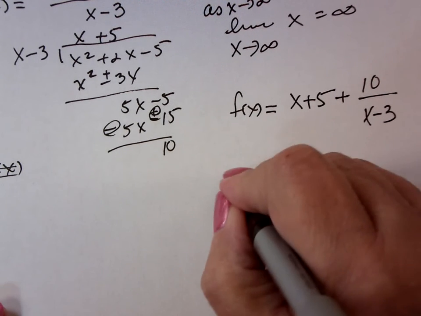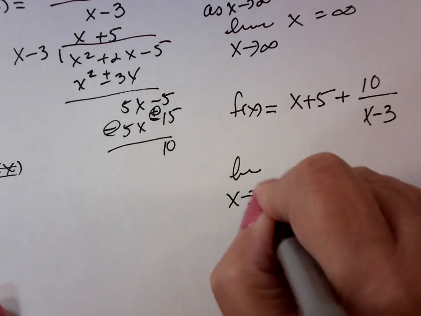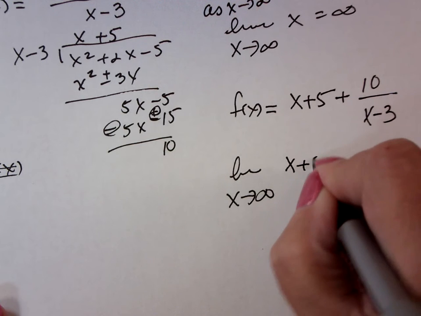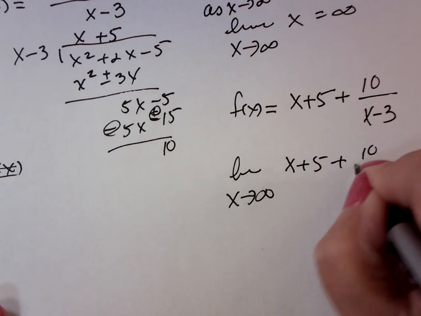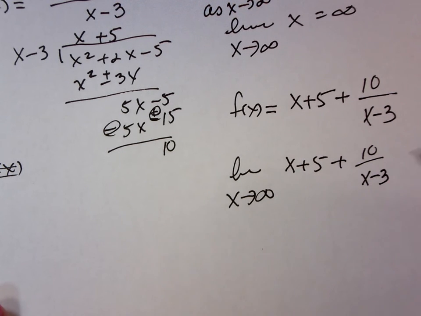If I take the limit as x goes to infinity of x plus 5 plus 10 over x minus 3, where does that go? As x goes to infinity, 10 over x minus 3 goes where?